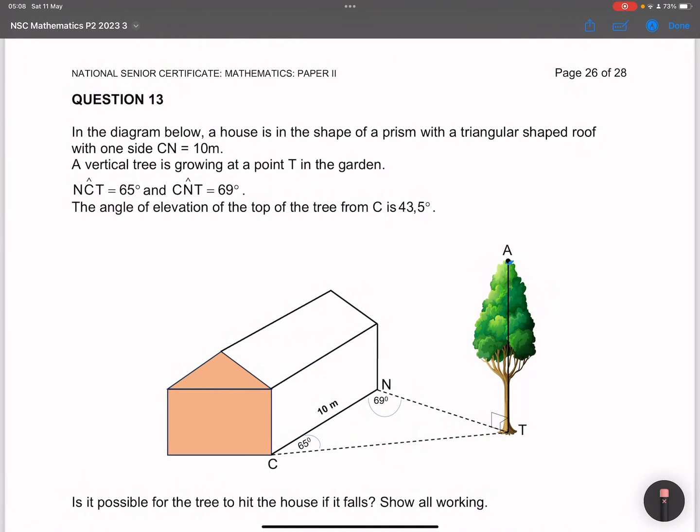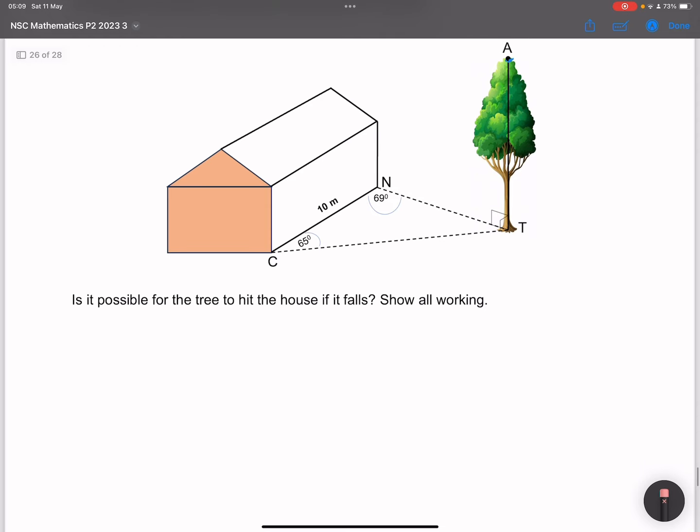Let's quickly have a look at the question. They say, is it possible for the tree to hit the house if it falls? Show all working. I want you to just think about it, ladies and gents. We'd need to find out what the height of the tree is. If we can find that height, what would be the closest distance in which the tree might fall?